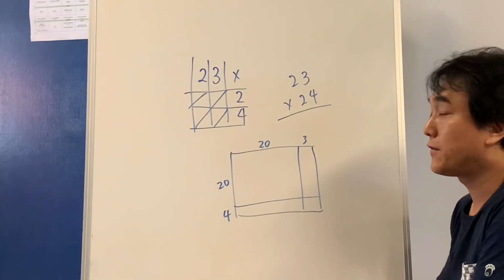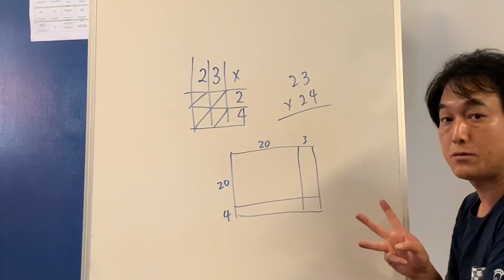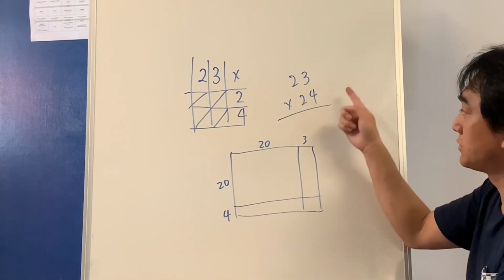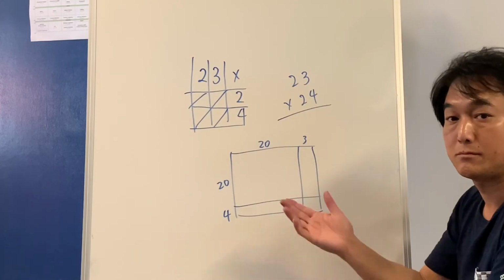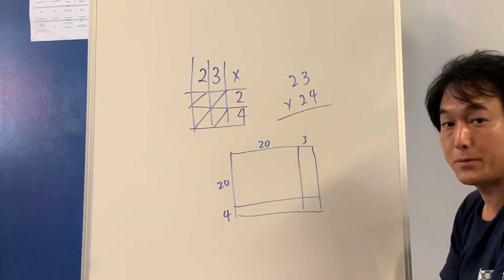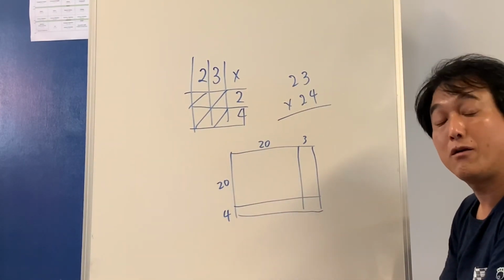So if you have 3 ways of doing multiplications: algorithm, area model, lattice, you're absolutely equipped. So I'll see you soon.